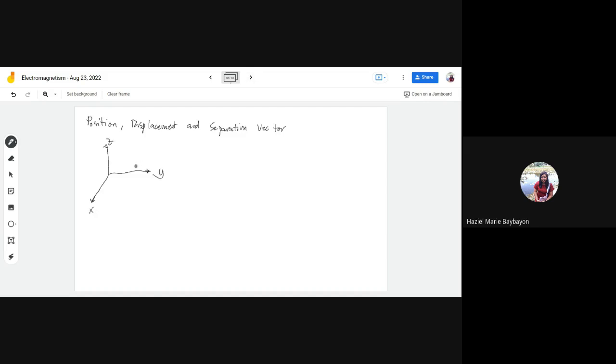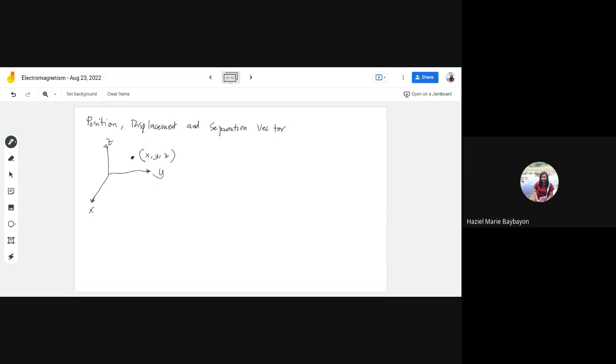So this is a point, and we can describe this point by its coordinates x, y, z. In the Cartesian plane, a point can be represented by its coordinates x, y, z.